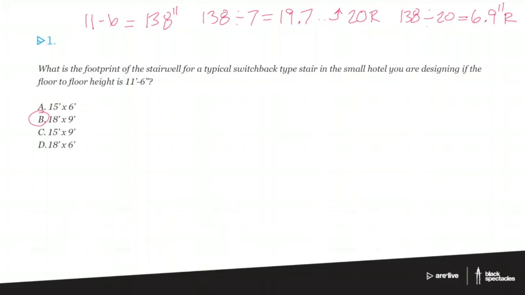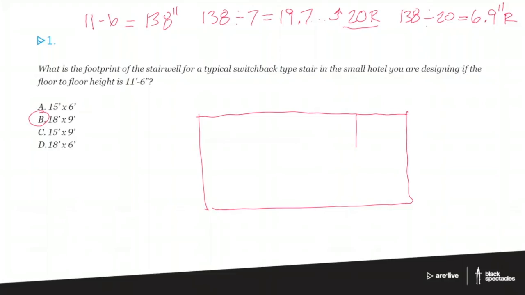So the main thing I'm figuring out here is I've got the 20 risers. So we start looking at a footprint of what the stairwell is going to look like. And you could actually draw this out if that was useful to you on your scratch paper, or just do it in your head. None of this is particularly complex.